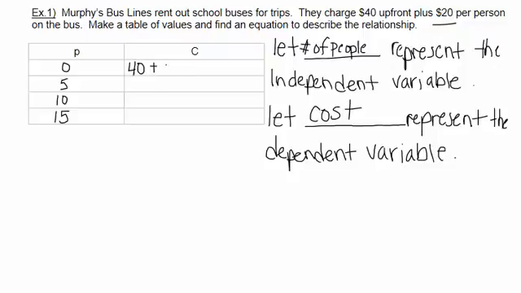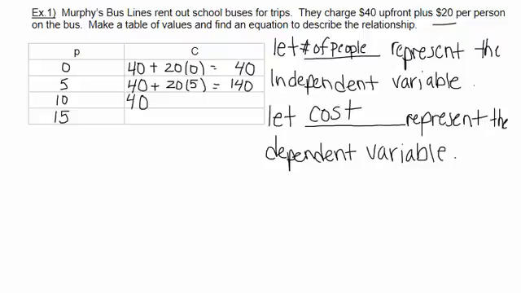And then they charge $20 per person riding. So in this case, there's 0 people riding, and that'll give us $40. So it'll cost $40 if no one rides the bus. If 5 people ride the bus, you still have to pay that upfront standard cost plus $20 times 5 people riding. And that works out to $140 in total.